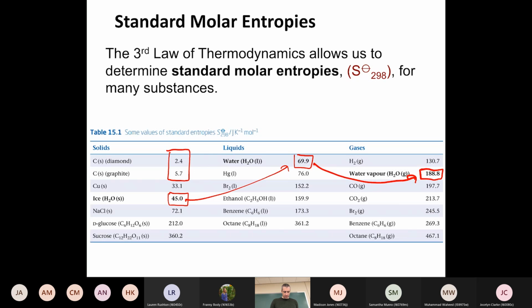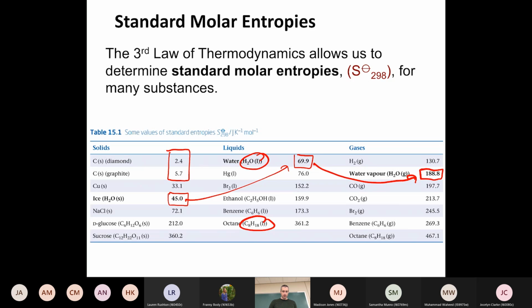Not really, except maybe to point out that the standard molar entropy gets larger the more atoms there are in the molecule. If you take something small like water and compare it to something large like octane, both are liquids. There's a big difference there in the standard molar entropy. So as you increase the number of bonds, as you increase the flexibility of the molecule as well, the entropy can increase.